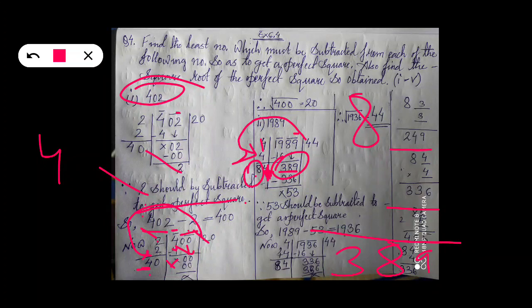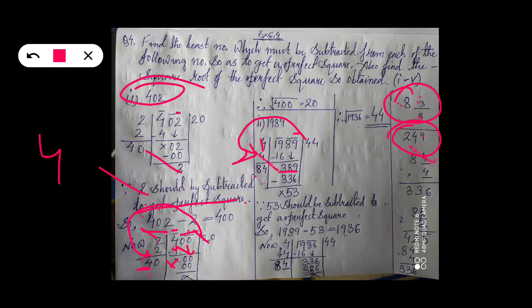So if you start with putting 3, let us try. After 8 I'm putting 3 into 3. 3 3s are 9, 3 8s are 24. 249 is less than 389. Let's try with 4. Again 336 is less than 389. Let's try with 5. It comes 425.